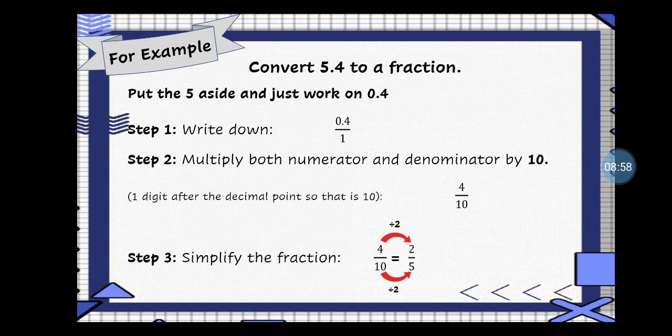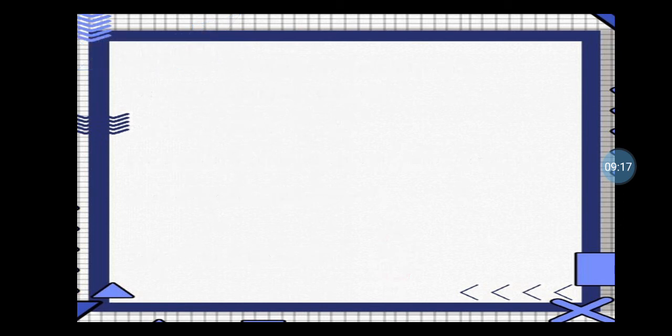And then our answer will be 5 whole 4 upon 10 or 5 whole 2 upon 5, because after solving we had simplified the fraction.